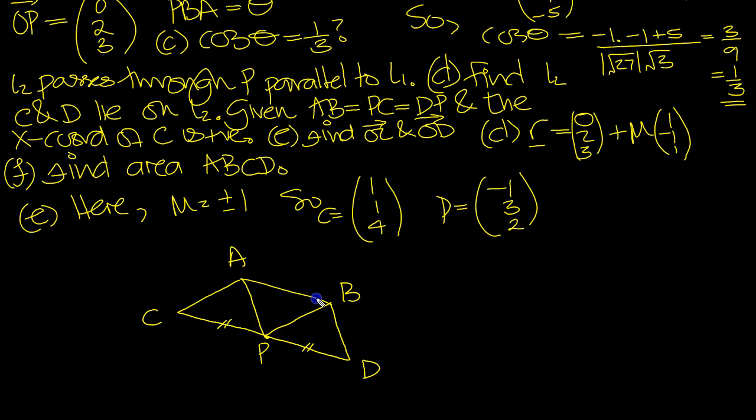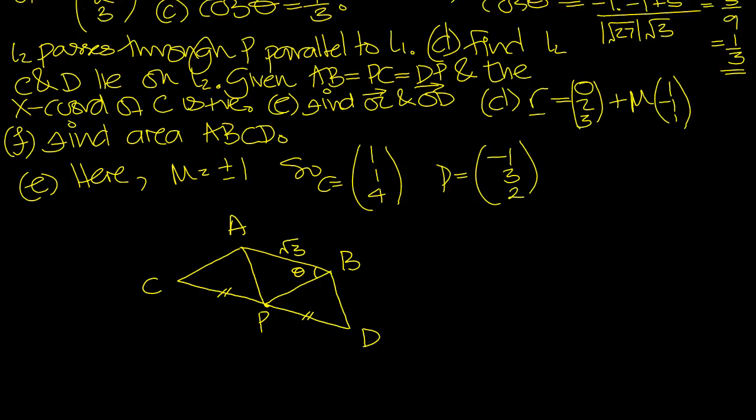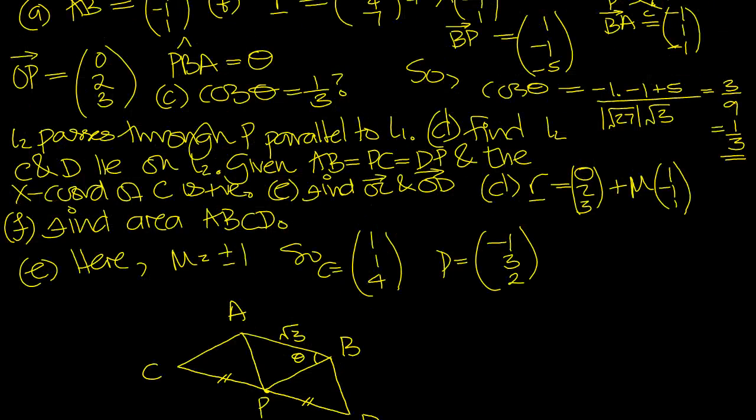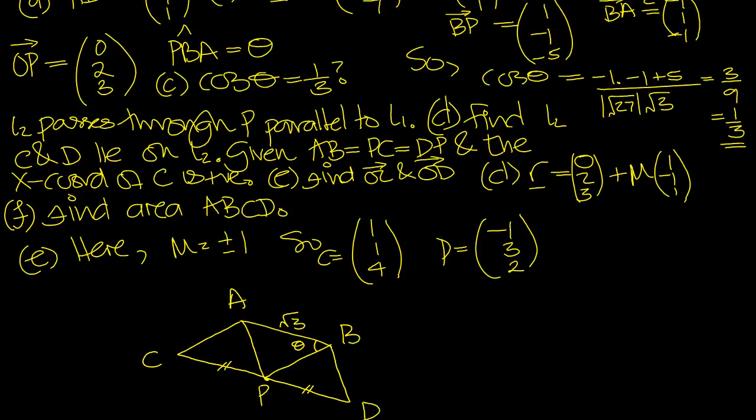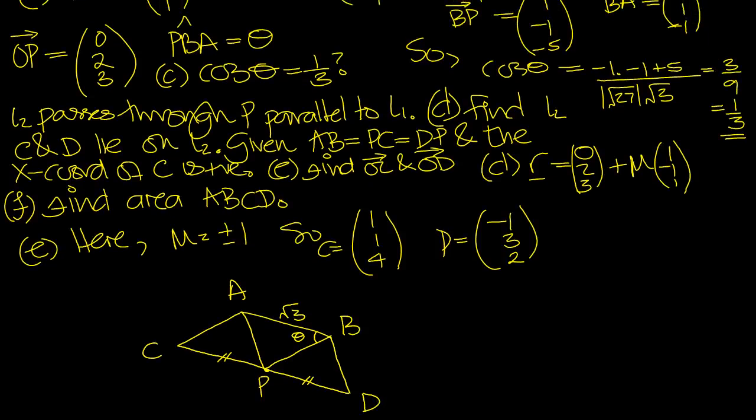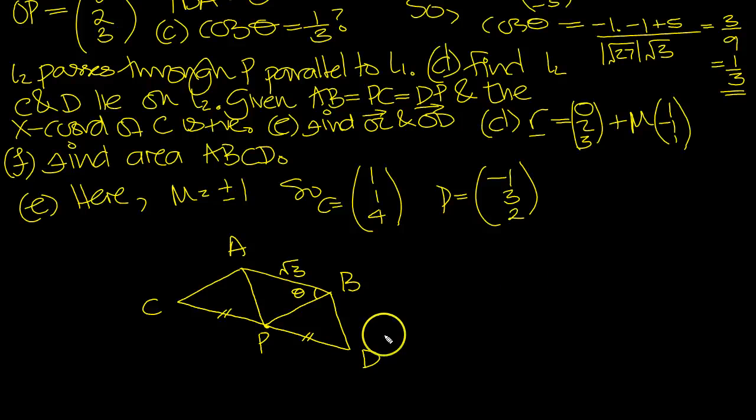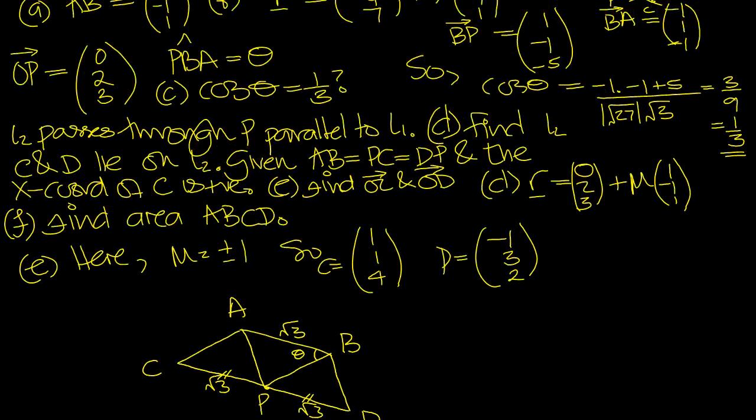This angle here is theta. AB is root 3. So this distance is root 3. This distance is root 3. Because we said about that, didn't we?